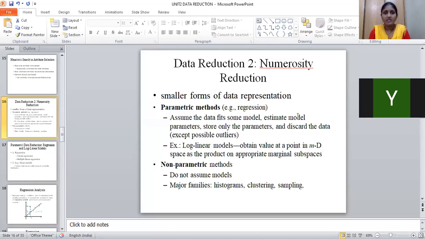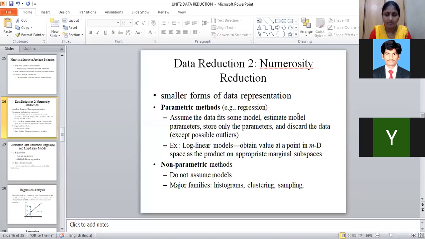So what is numerosity reduction? We are representing smaller forms of the data. That means whatever the actual data present in the databases or data warehouse, we are representing smaller forms of that data to make our analysis easier, and the analytic results will have good accuracy and we get them in less time.